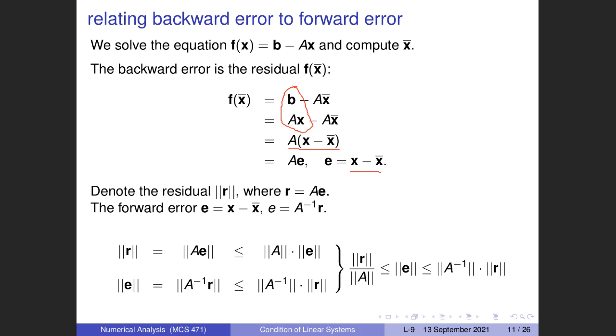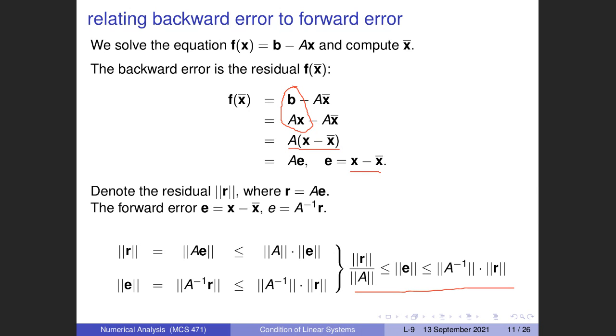That's what the slide tries to derive using inequalities. We have the first inequality on the residual, and we work with problems that can be solved, so the inverse of the matrix A exists, and we can derive the relationship between the residual and the forward error in two ways to get a first bound.